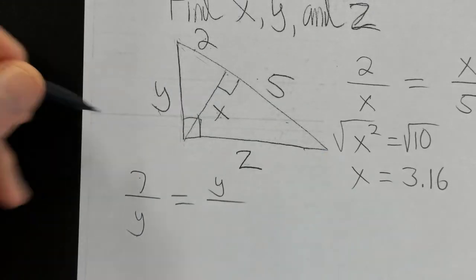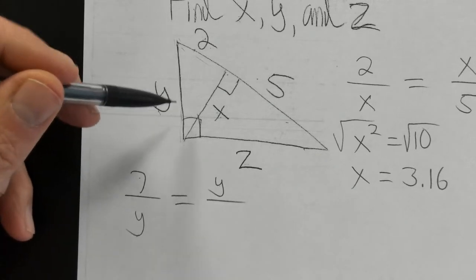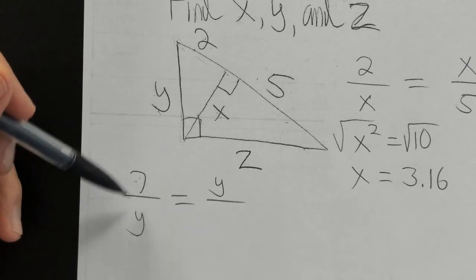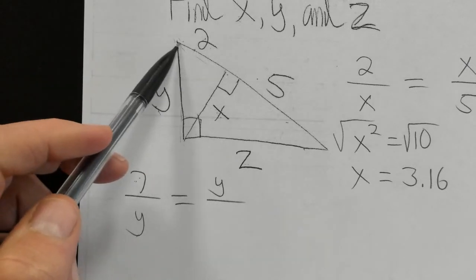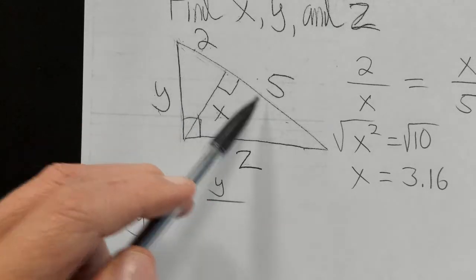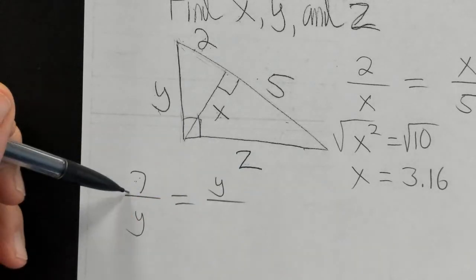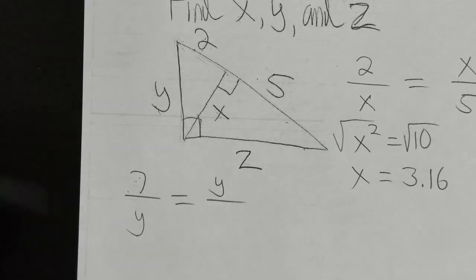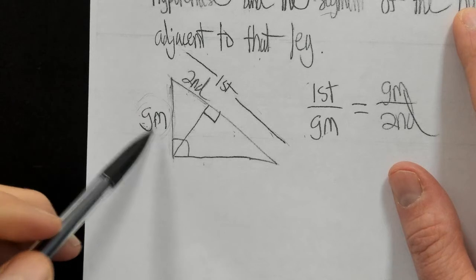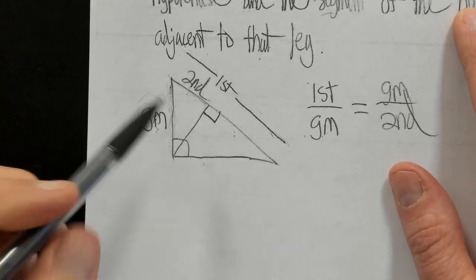So remember, in this theorem, the theorem with the leg, the first blank in your proportion has got to be the entire hypotenuse. And more often than not, you will have to add these two pieces together to get the entire hypotenuse of 7. So again, the first number is the entire hypotenuse with this leg geometric mean theorem.